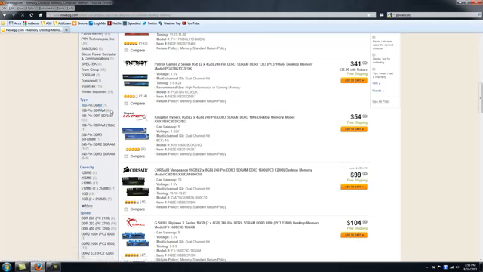DDR2 RAM, which they do still have on Newegg, has gone up in price since no one really needs it anymore and the demand's down. DDR3 has gone down in price a lot. So DDR3 is a lot cheaper, and that's another reason why you would want a newer motherboard instead of one of the really old ones you can hardly get anyway. So we're just gonna look at DDR3.